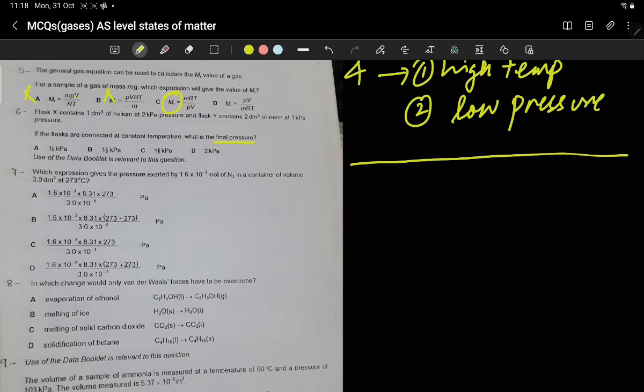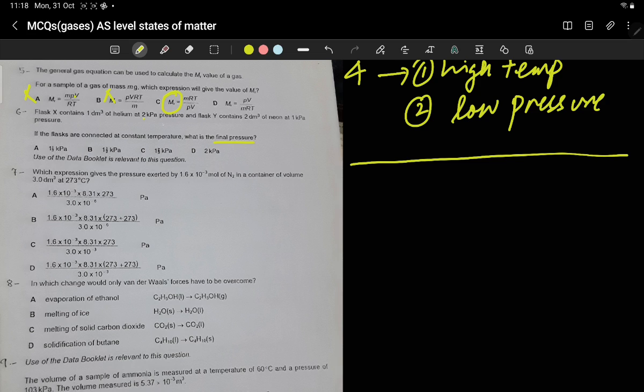Pressure and volume are changing. When the pressure and volume are changing, there is no need to change the units. Like 2 kilopascal we use as 2 kilopascal, 1 dm cube we use as it is, no need for conversion.